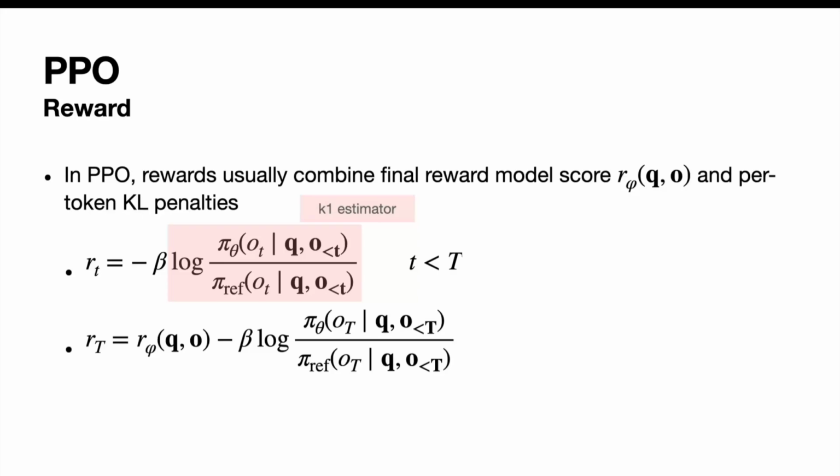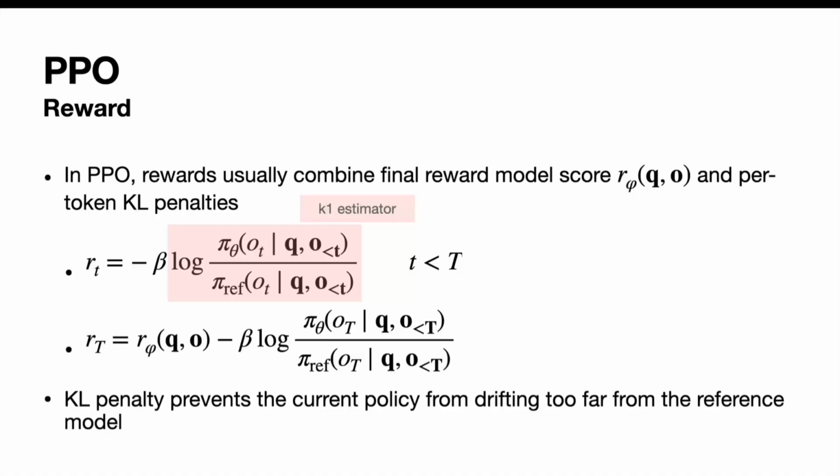A larger beta keeps the policy closer to the reference model, while a smaller beta allows the policy to move more aggressively toward answers with a higher reward. So, the KL penalty acts as an anchor to the reference policy. It prevents the current policy from drifting too far during reinforcement learning optimization.